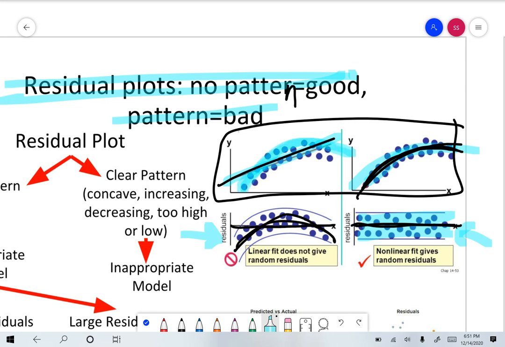It was still that exponential data, but our prediction line, we thought that it was linear, and the residual plot shows that it's not a linear relationship, okay? So that's what I mean by if there's no pattern, whatever model you chose, linear or exponential, was a good fit. If there is a pattern in your residual plot, it means whatever model you chose, linear or exponential, was a bad fit.